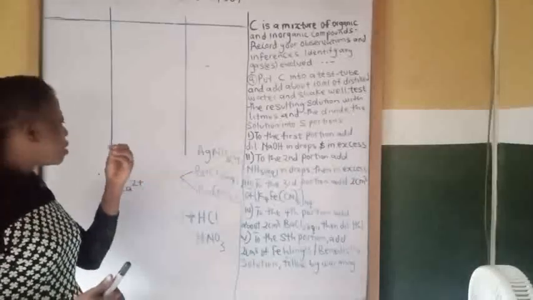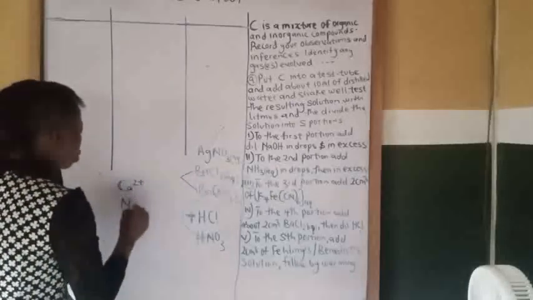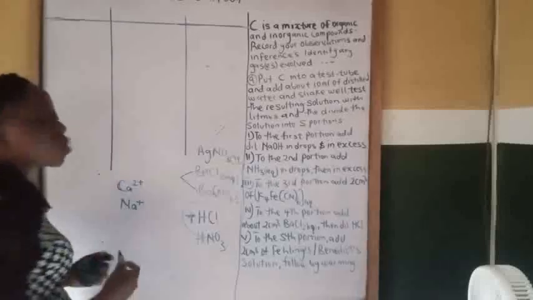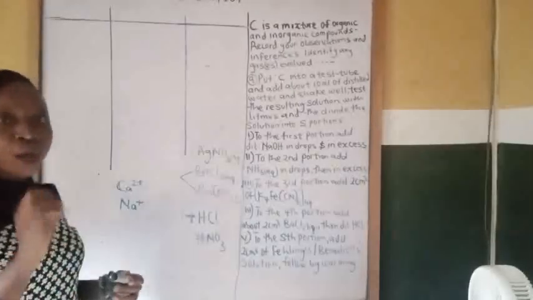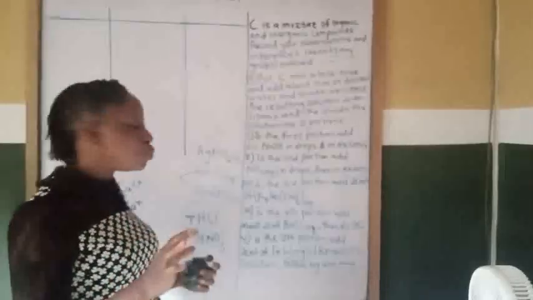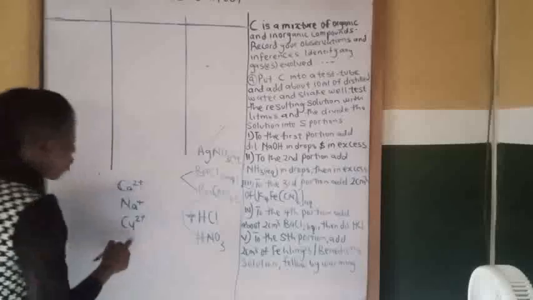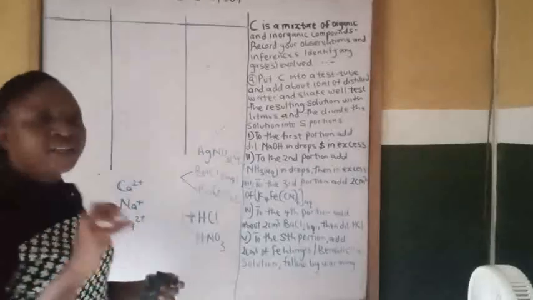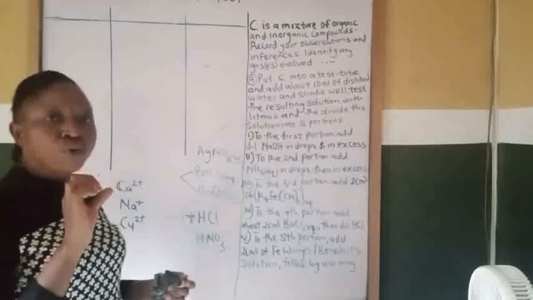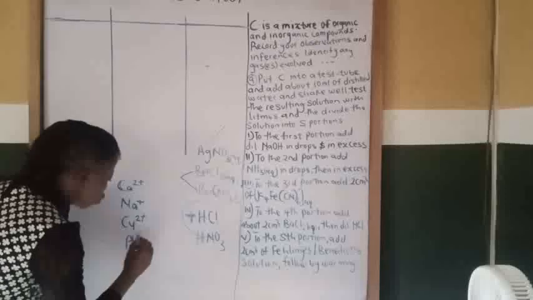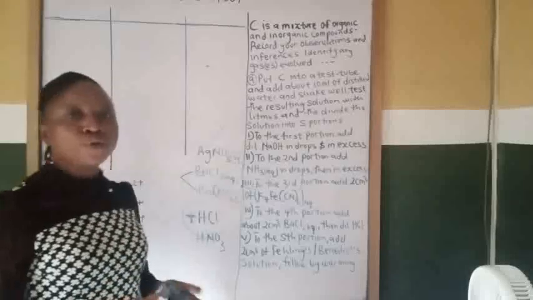Then if it is sodium ion, sodium will give you yellow flame when it is exposed to direct blue flame. Copper will give you green. When a copper-containing compound is exposed to direct blue flame, it will give you green flame. Then lead will give you blue flame, and so on and so forth.